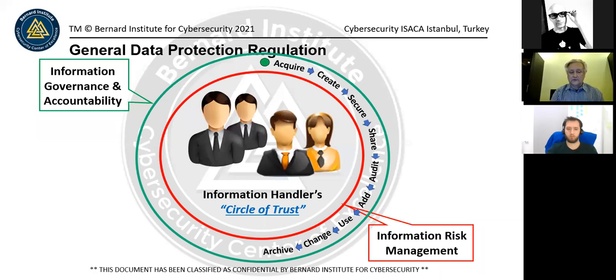In some cases, if you look at the PCI DSS standard, for instance, you'll know that card numbers are only supposed to be kept for the transaction. And once the transaction is completed, the card number is supposed to be erased, gone. So some types of personal information are definitely time-bound and transitory, as we like to say. So it's in motion, it's used, and then it's gone.